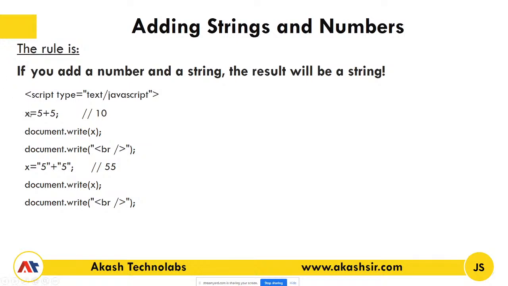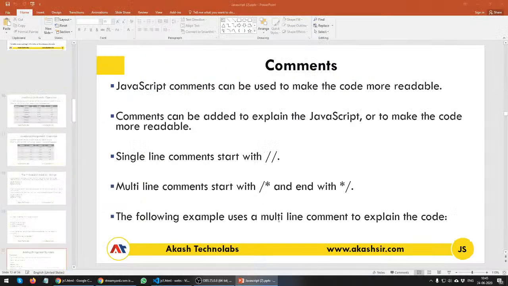Okay. And then next is adding strings and numbers. For example, if you want to do some arithmetic operation, you can see x equals 5 plus 5. It will print 10. To print the value, you have to write document.write, and inside the brackets you have to put your variable name. So if I do the arithmetic and print the value, it will print 10. Okay.